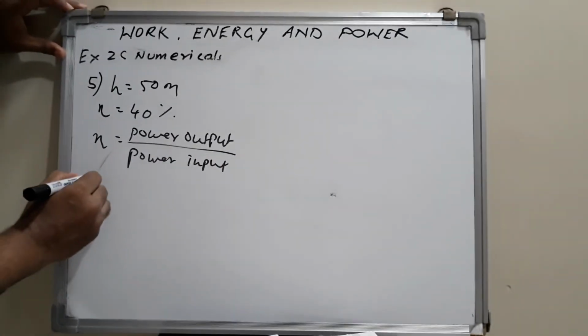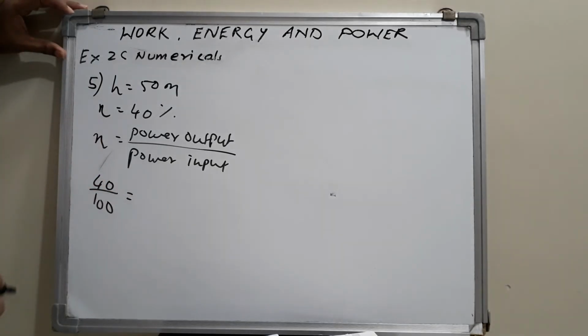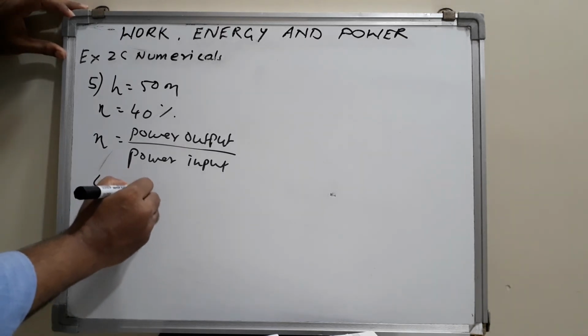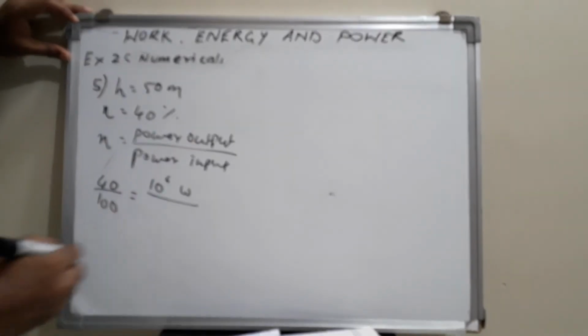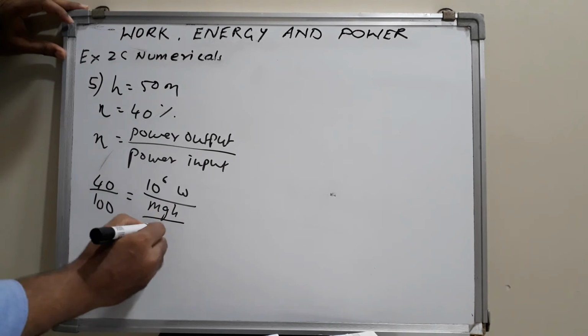So here efficiency is 40%, 40 upon 100 is equal to power output, which is given as 1 megawatt. 1 megawatt is 10 raised to 6 watts, and upon, I'll put the power formula mgh upon T.